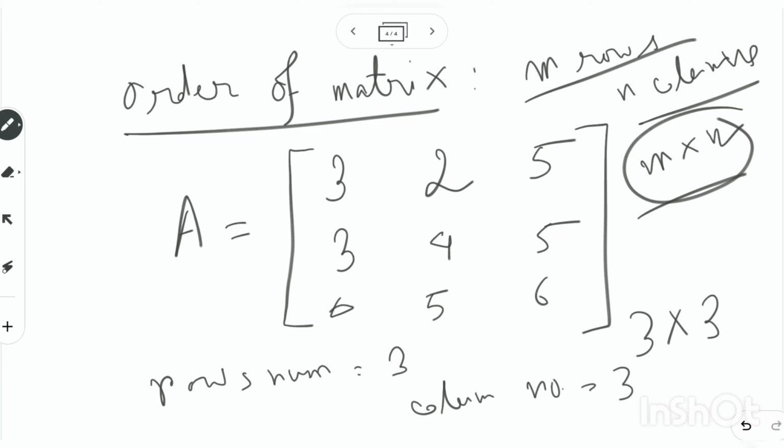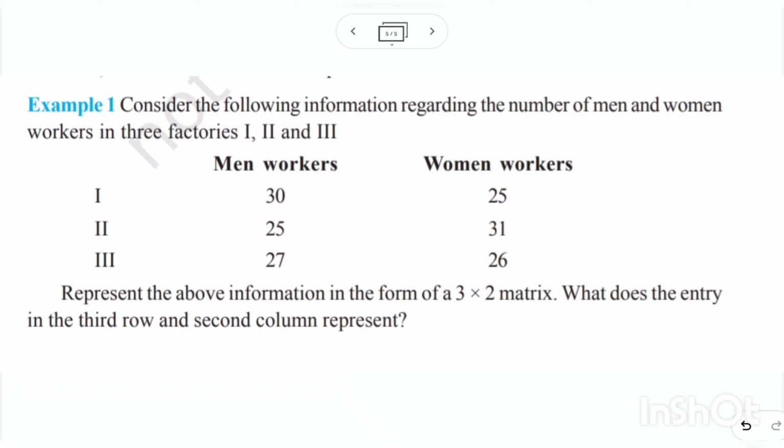Okay, there is also an example from your book. See example 1. What does it say? It says, consider the following information regarding the number of men and women workers of 3 factories 1, 2 and 3. So there are men workers and there are women workers.